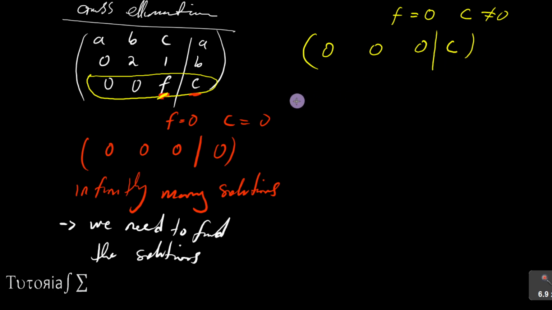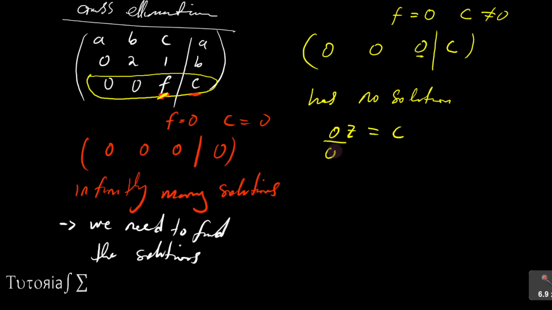Here the system has no solution. Basically it's because suppose we have this, so we're going to have 0z equals C, for instance.